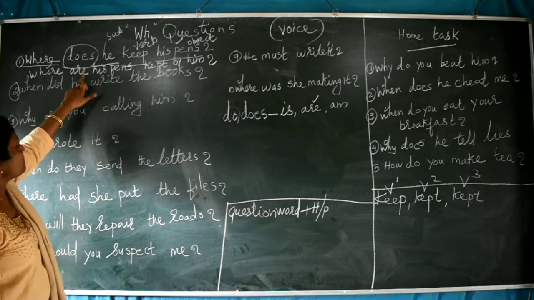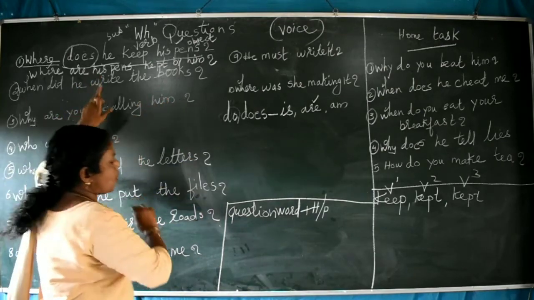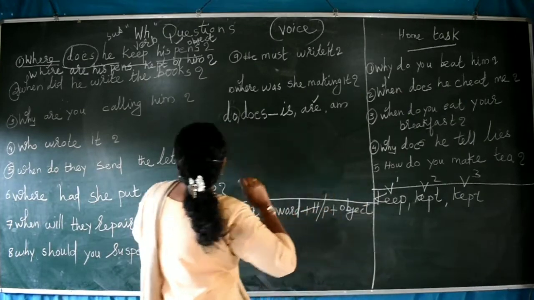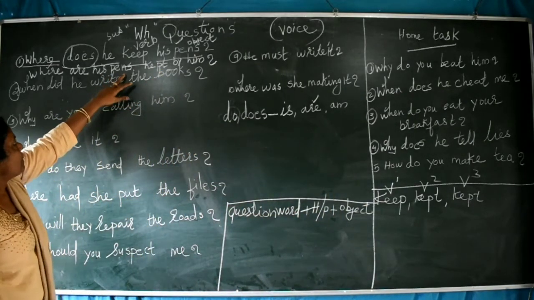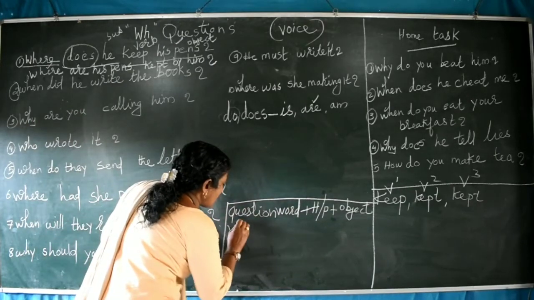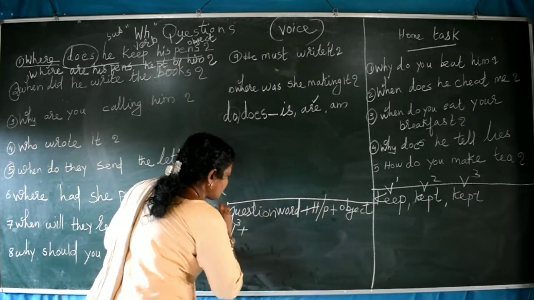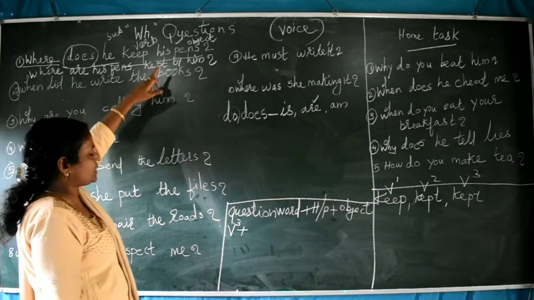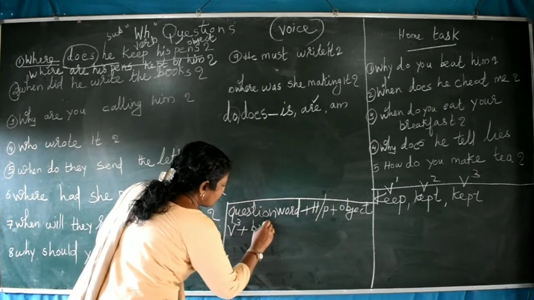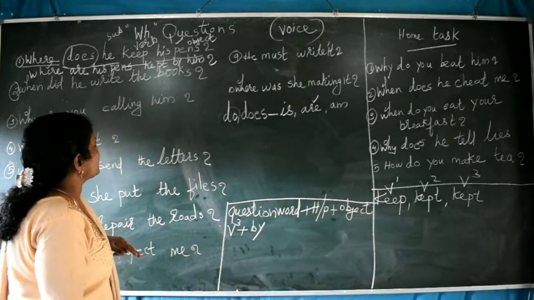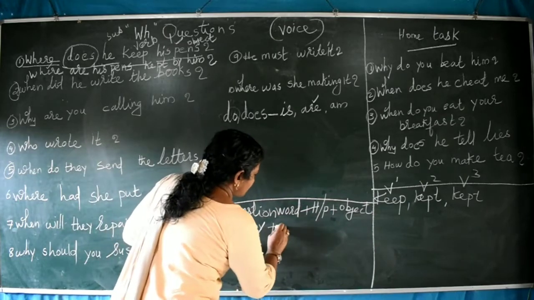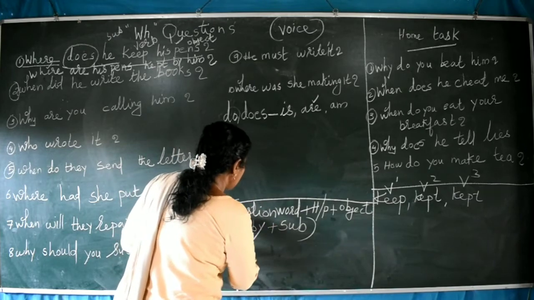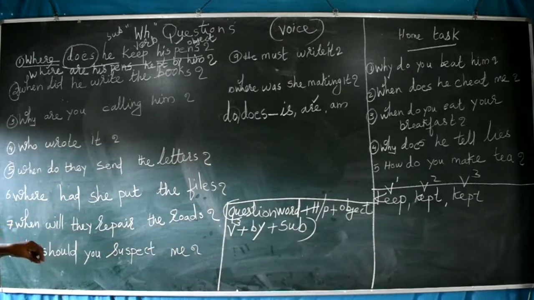So the helping verb is finished. After that, the object. Object plus verb third form, always in the passive voice, as I told you earlier. The third form only will be used. Don't forget that. If you forget, your mark is gone, 1 mark gone. And after that, the preposition by plus subject. The subject also in objective form, okay, don't forget that: he, him, I, me, all those things.